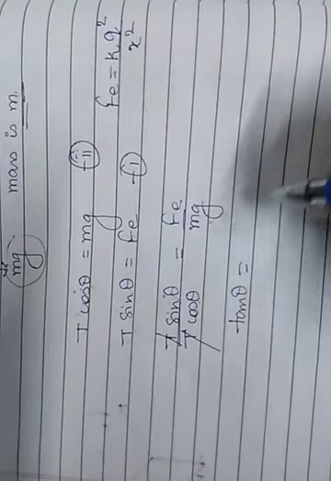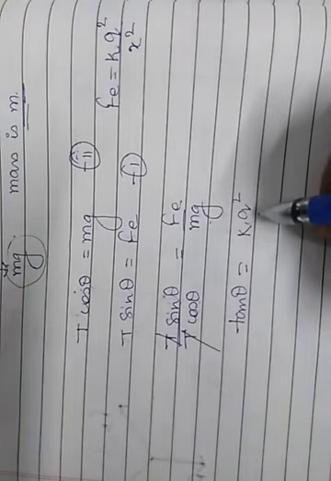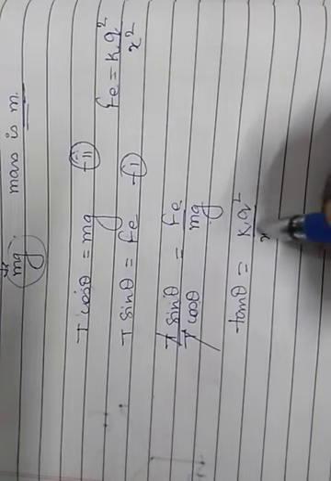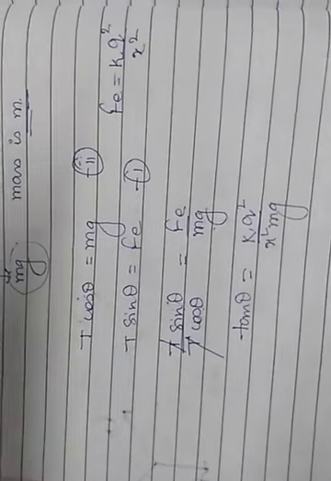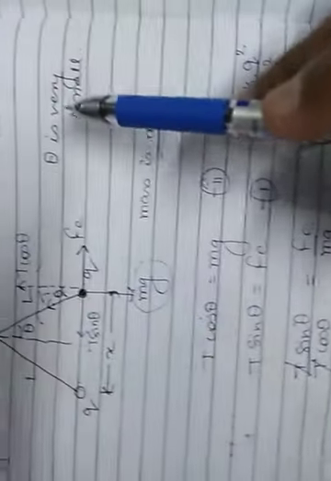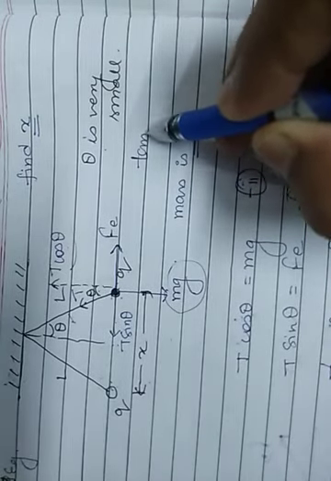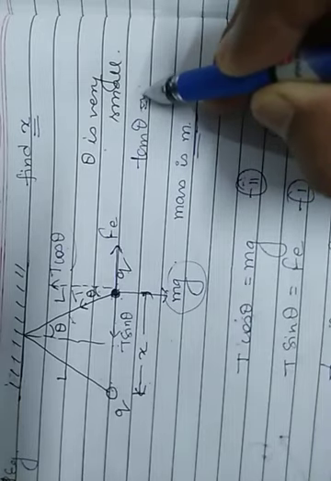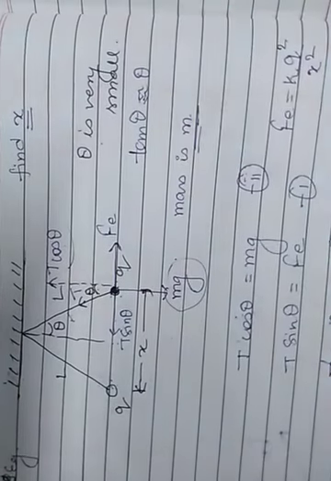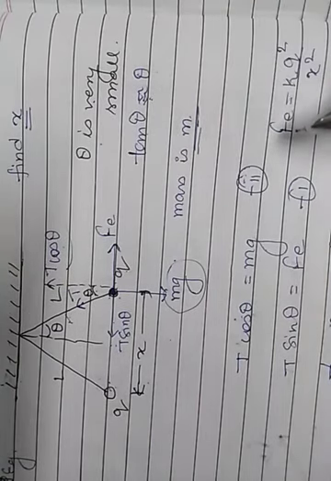I will substitute the value of Fe, K Q square upon x square, with mg in the denominator. As I told you, theta is very small, so tan theta is approximately equal to theta.